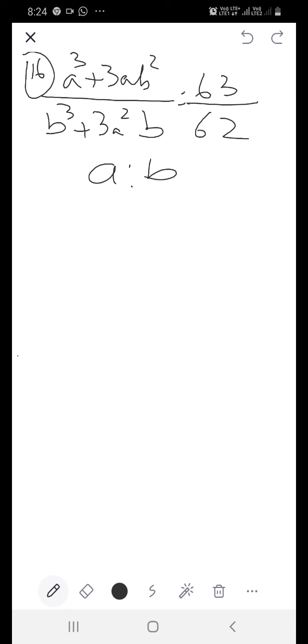In this given, again you see a upon b is equal to c upon d is given to you. And from this given, I am going to use which property? Again, componendo and dividendo.